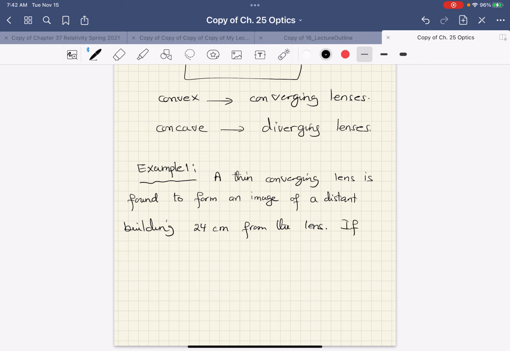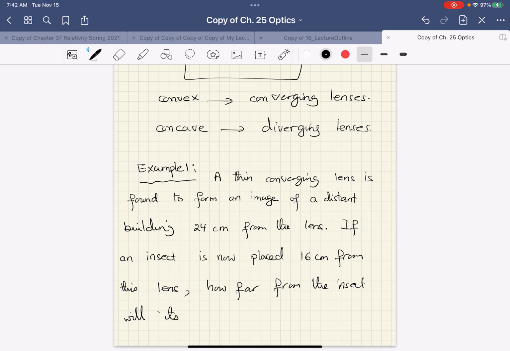If an insect is now placed 16 centimeter from this lens, how far from the insect will its image be formed?